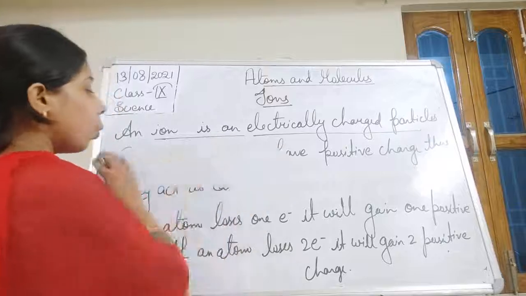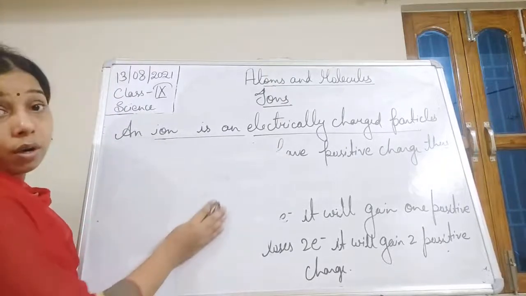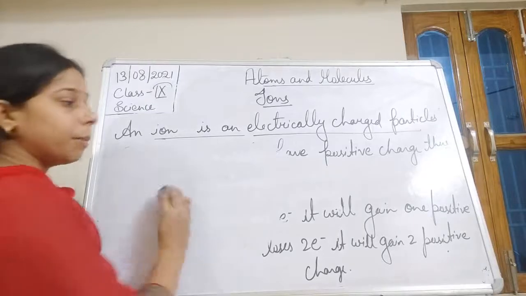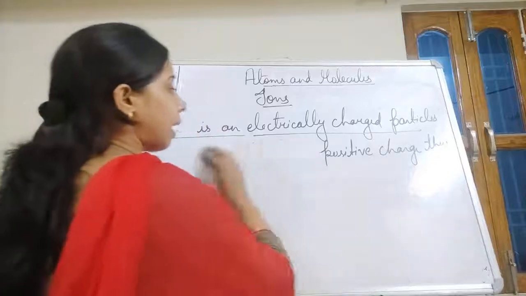What happens when the atom gains the electron? When it gains the electron, it will become a negatively charged particle, and that we call an anion.